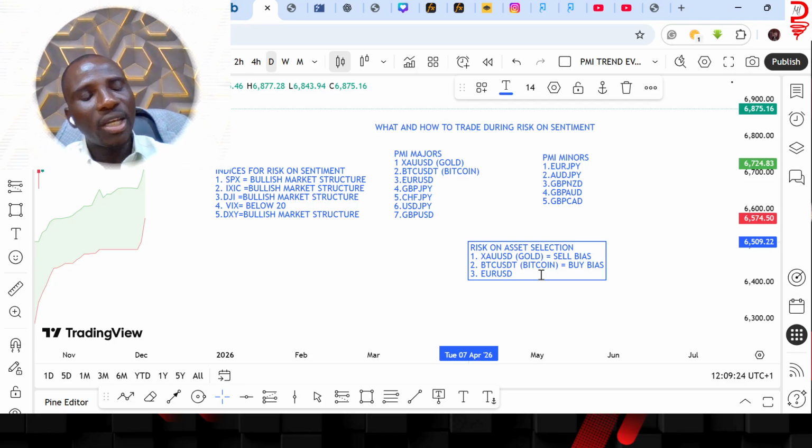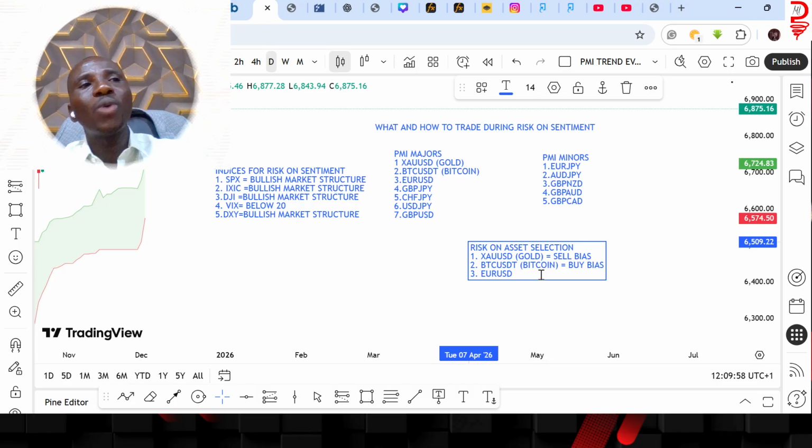We have risk on, we have risk on dollar aversion, we have risk off, then we have risk off dollar aversion. So when you have pure risk on, what it means is that there is confidence in the dollar at that point. And if you now look at the interest rate of the dollar, if you notice that the interest rate is high, it makes the reason for capital to flow into the United States dollar very, very strong.